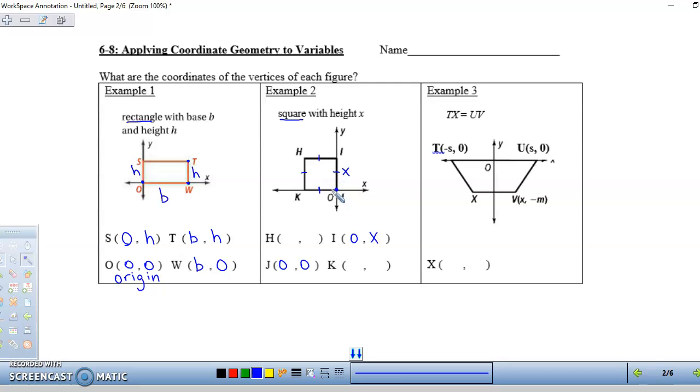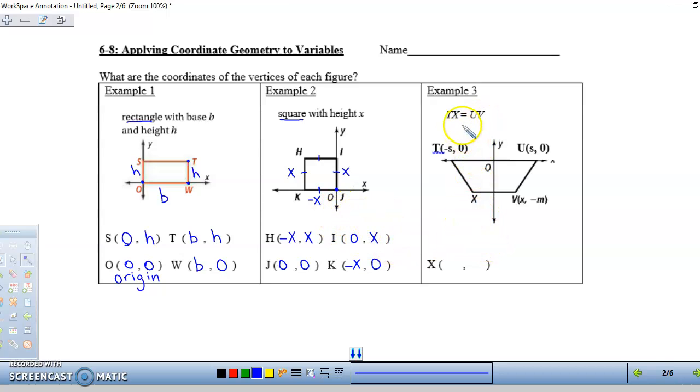So I go across to the left x and then up x. So H, you go left x and then up x. You could even label it that way in the picture. Left x and then up x. Okay, and then K, from the origin, you simply go left x and then up 0. So that's going to be negative x, 0. Okay, so there's your square.